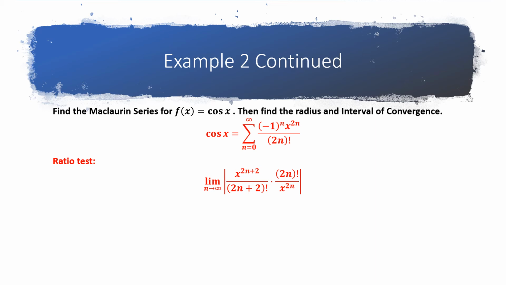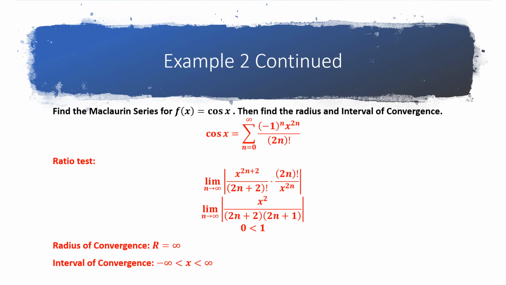And so I write out my ratio test and I simplify what I can, and what I'm left with is x squared over 2n plus 2 times 2n plus 1. All right, so when I plug in infinity for my n to find the limit, I get 0. 0 is less than 1, which tells me that this converges absolutely. So again, my radius is infinity, and my interval is going to go from negative infinity to infinity.